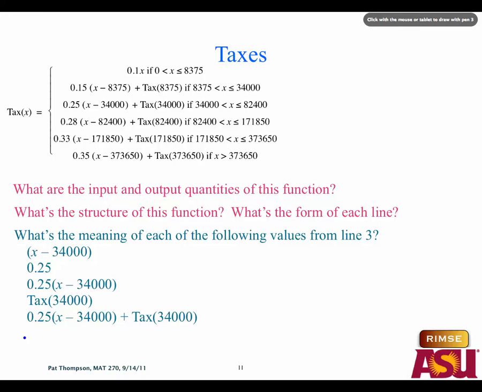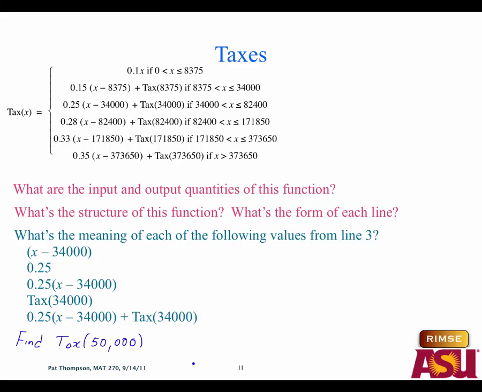So what is that equate to? That's you at your 34,000 tax. It's the tax. What you're being taxed.